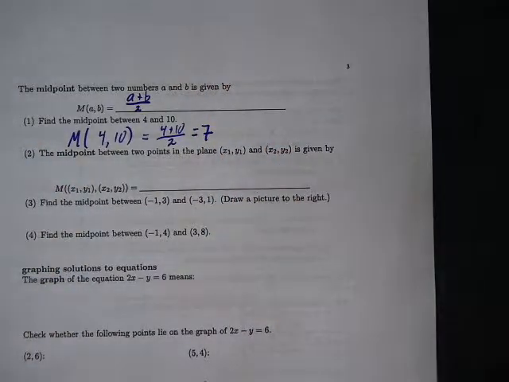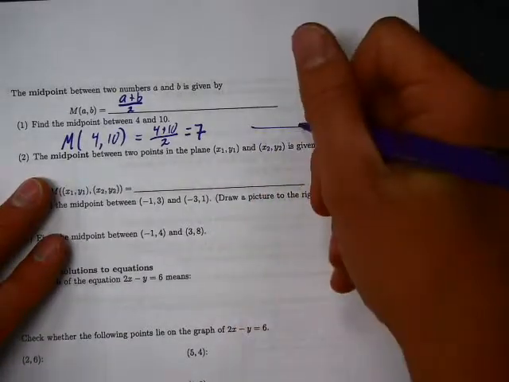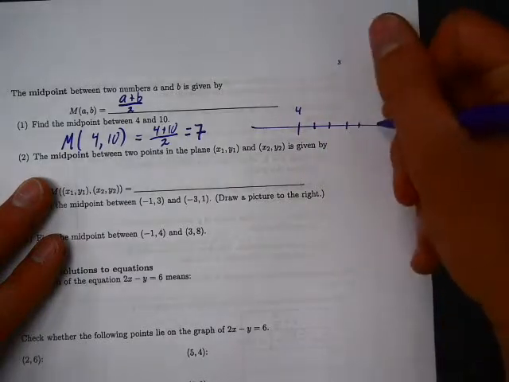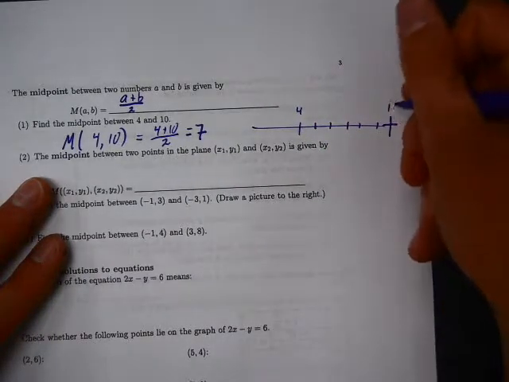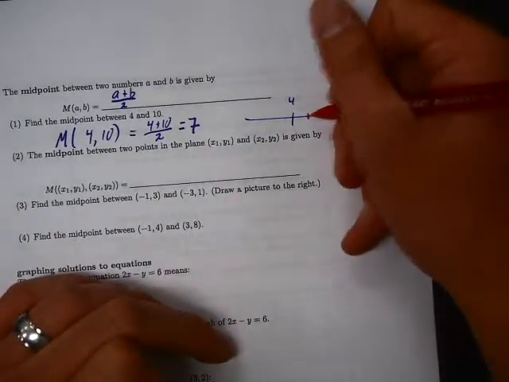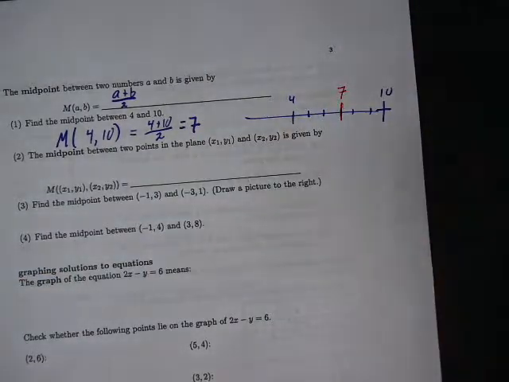But that should mean something geometrically. So let's draw a picture and see if the geometry seems to work out. So there's 4, 5, 6, 7, 8, 9, 10. And apparently the midpoint between 4 and 10 is 7. That actually appears to be halfway between. So I think I believe the formula.